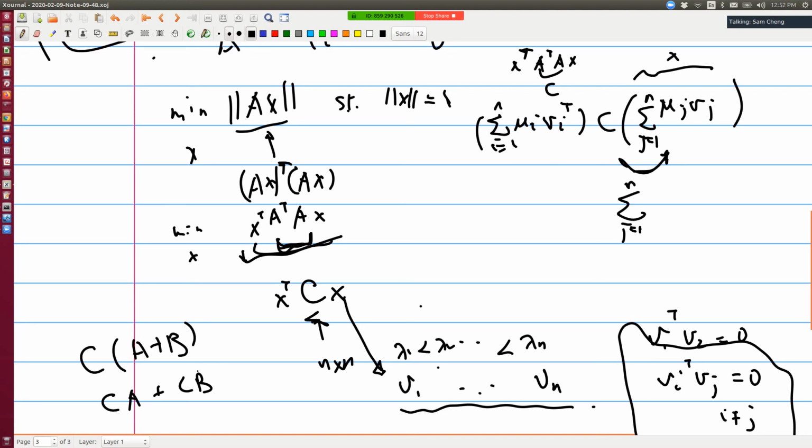So this C I can get inside the summation, and mu is a scalar, so I can pull mu out. So mu_j C v_j, right? And these are eigenvectors of C, so that means C v_j is equal to just lambda_j v_j, right? So I have mu_j lambda_j v_j. Of course, this is a scalar, right?